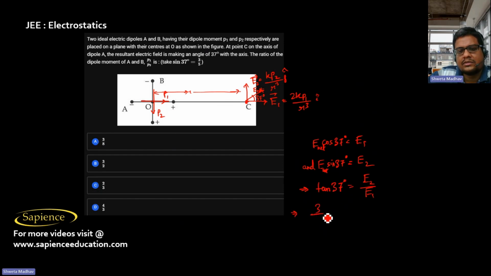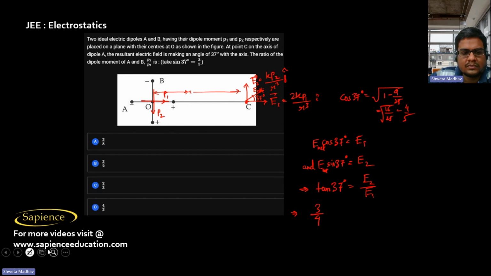Tan 37, as you know, is 3 by 4. Cos 37 will be root over 1 minus sine square 37, 1 minus 9 by 25, that is root over 16 by 25, that is 4 by 5. So 3 by 4 is equal to E2 by E1. Therefore E1 by E2 is equal to 4 by 3.